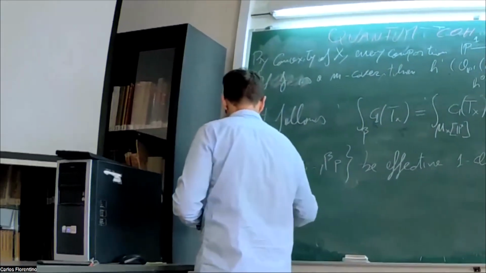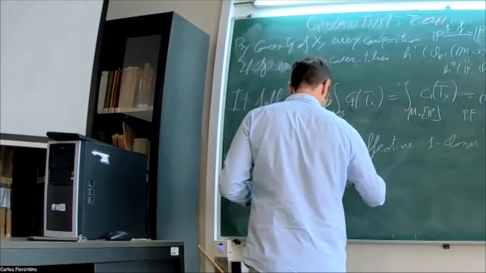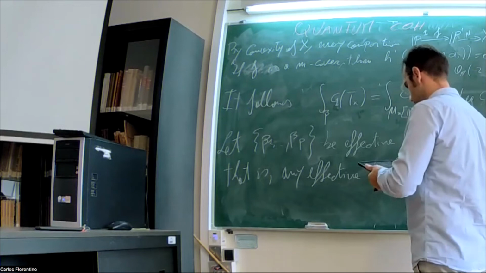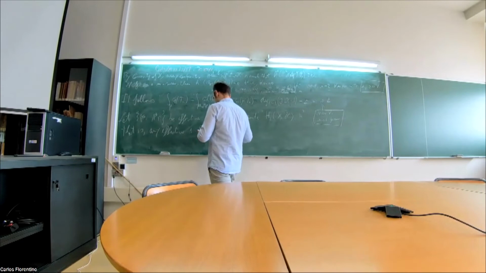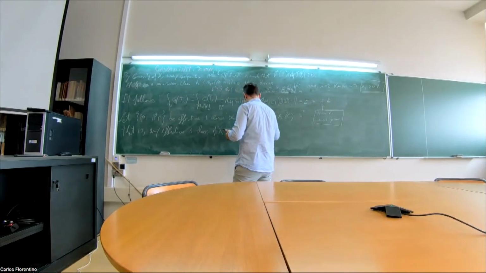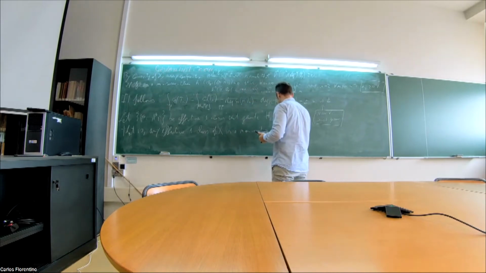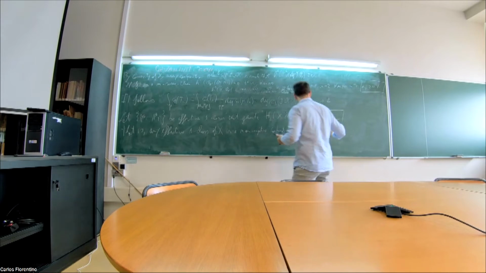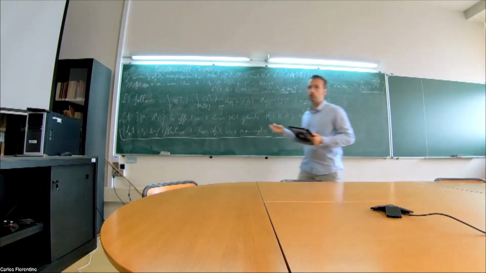That is, any effective one-cycle of X is a non-negative combination of beta 1, beta 2. Here, this is true because X is homogeneous.